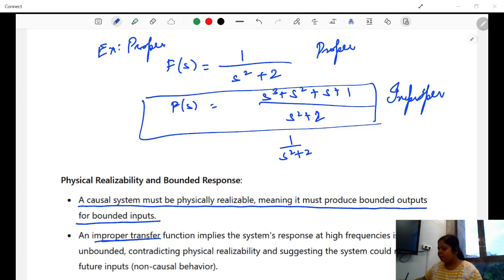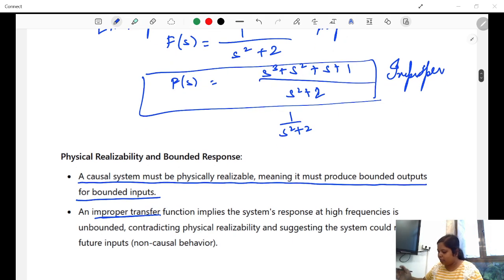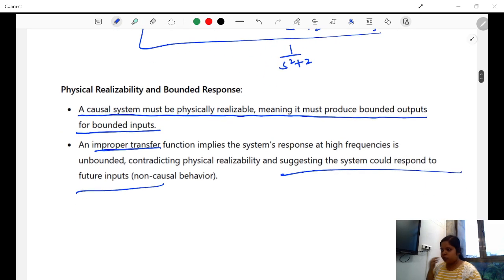Now when you go to higher frequency, you will see that this transfer function becomes infinity. So even for a bounded input, that means something finite, you get an infinite response. That is only possible when you have some non-causal behavior, and it suggests that the system could respond to future inputs. That is why a causal system should have proper transfer functions.